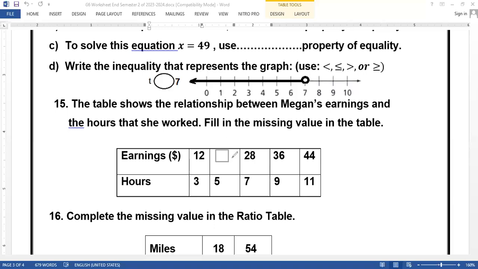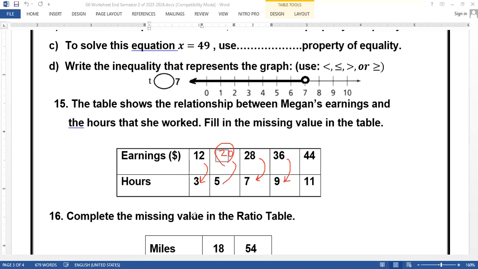Missing number 5. 28, 7. 36, 9. So what's the relationship between earnings and hours? 12 divide 4 equals 3. 28 divide 4 equals 7. 36 divide 4 equals 9. So I divide by 4, or I multiply by 4. 5 multiply 4 equals 20.